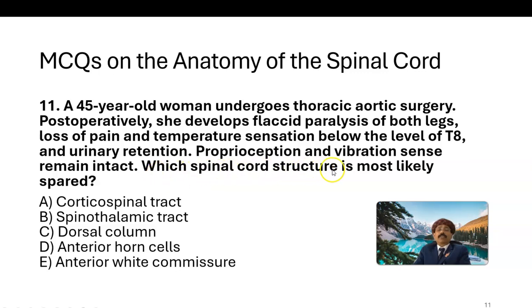Which spinal cord structure is most likely spared? A. Corticospinal tract, B. Spinothalamic tract, C. Dorsal column, D. Anterior horn cells, E. Anterior white commissure. The answer should be the dorsal column, because proprioception and vibration sense remain intact.